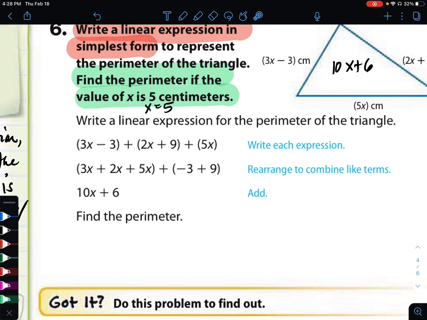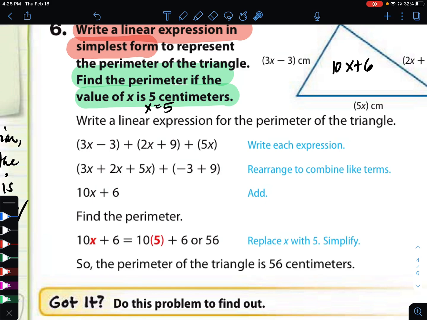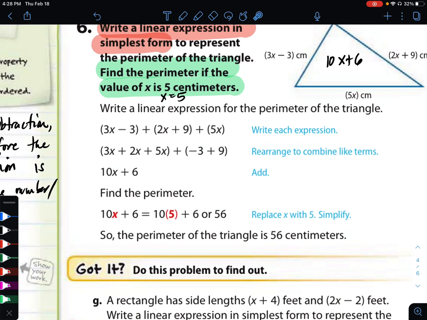Knowing that the perimeter is 10x plus 6, we simply substitute x with 5. So 10 times 5 is 50, plus 6 is 56. So the perimeter of this triangle when x is equal to 5 is 56 centimeters.